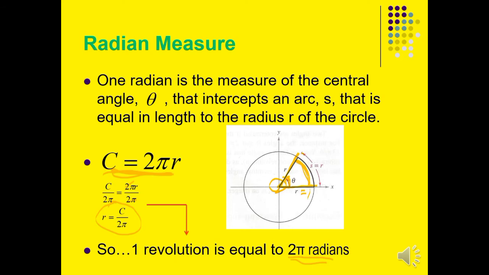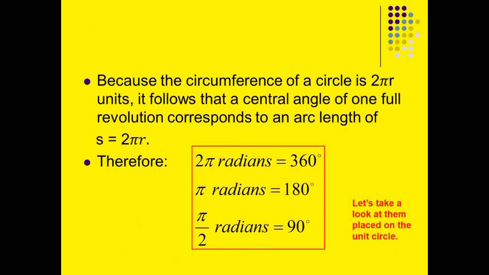Because the circumference of a circle is 2 pi r, a central angle of one full revolution corresponds to an arc length of 2 pi r. As you can see here, this is the arc length represented by one complete revolution, the 2 pi r for the value of s.